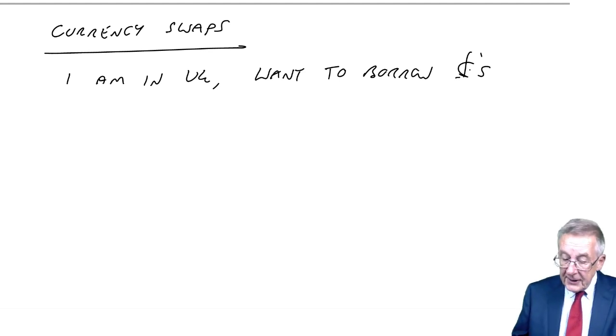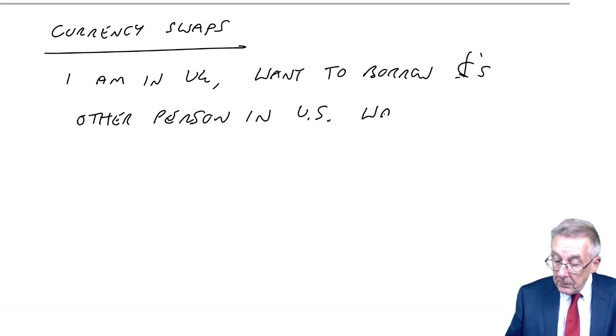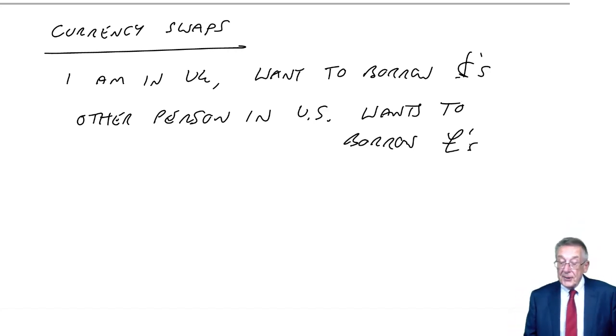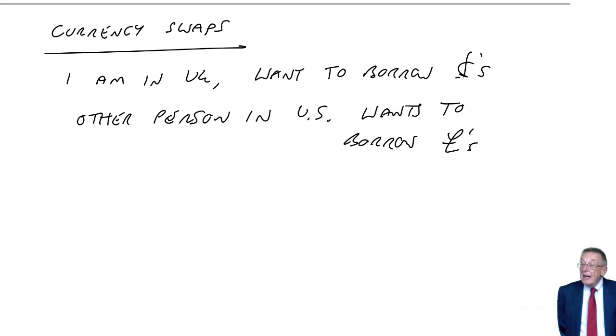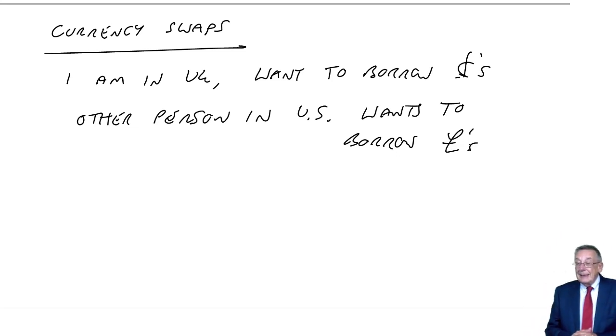Suppose, though, I find someone else, who's in the US, who wants to borrow pounds. Obviously, if they're in the US, it's not a person, it's a company, but still, if they're in the US, they normally would borrow in dollars, but perhaps they're going to invest in the UK, they want pounds, so they're paying interest in pounds. Now, this is all to do with credit ratings and things.